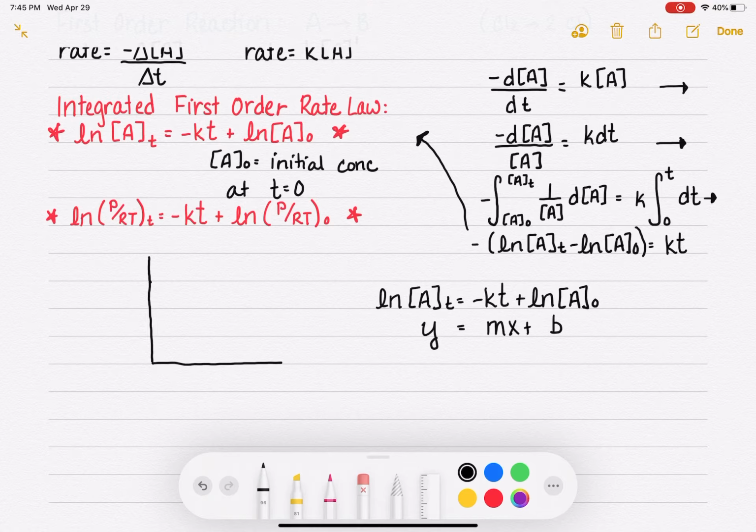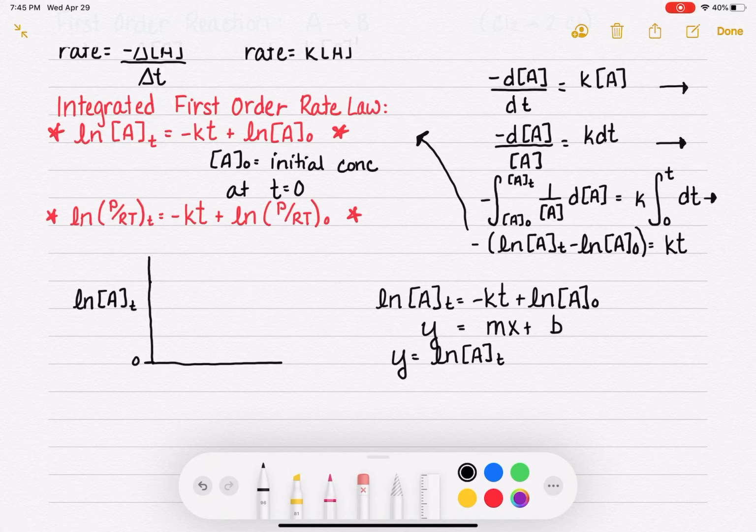So in this form, our y is the natural log of A at any given time t. So that's what we're going to be plotting over here, the natural log of A at whatever our time is, and we're going to be starting down here at 0.